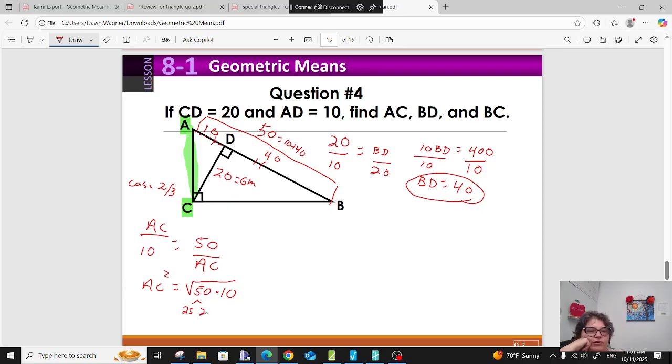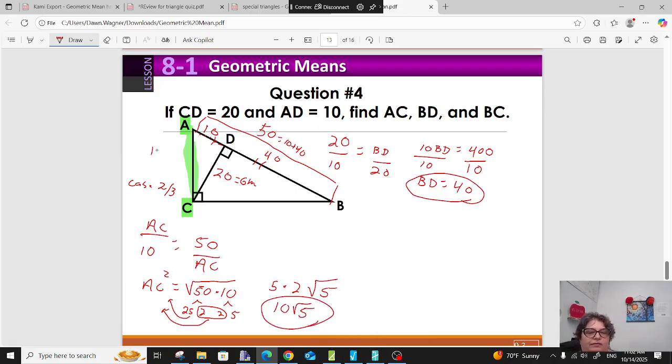But I also know 2 goes into 10. 2 times 5. These two together come out as 1, 2. But 25, what's the square root of 25? 5. And that 2 has to come out, right? And then square root of 5 is left behind. What's 5 times 2? 10. So 10 square root 5.